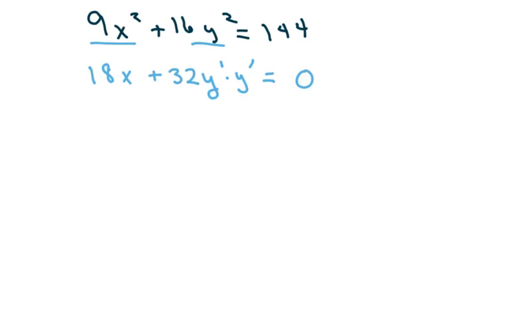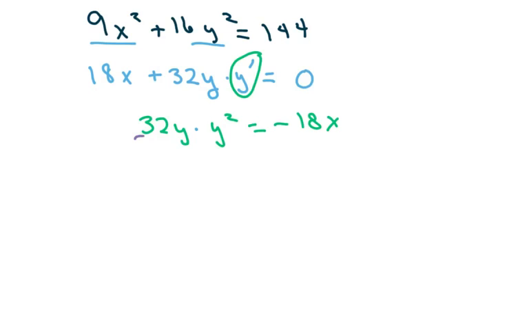Now to solve for the derivative of y, I'm going to write 32 times y to the first, times the derivative of y equals negative 18x.